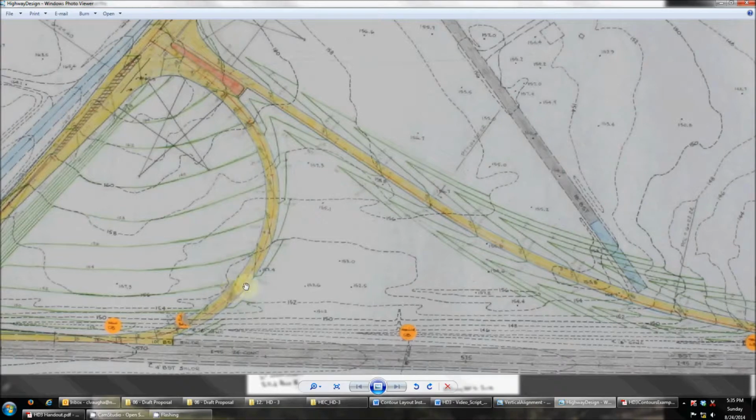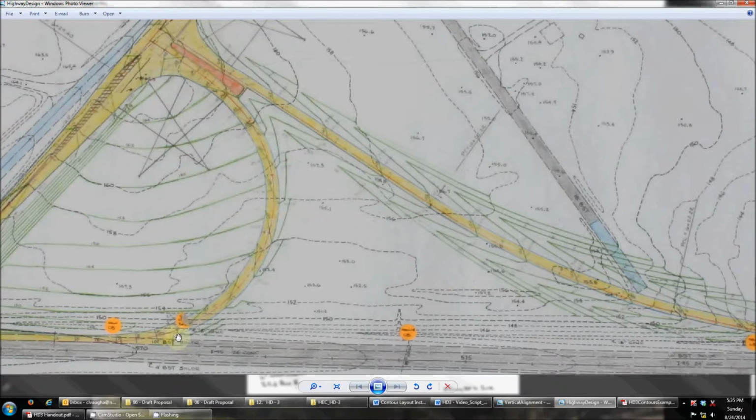Between the TS and SC, as well as between the CS and ST, the cross slope on the pavement will vary from 0.02 to 0.08, with the cross slope at the TS, so at the start of the spiral, and at the end of the spiral, the ST station, being 0.02.